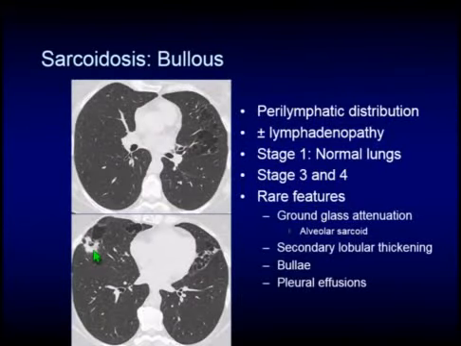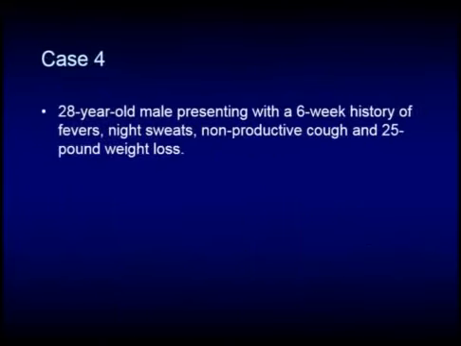And on some occasions, you can have what we call bullous sarcoidosis. This is due to air obstruction and cyst formation, as you can see in this case. And on rare occasions, you may see pleural effusions, but again, that may be in the context of more cardiac sarcoidosis with heart failure. All right, moving on.